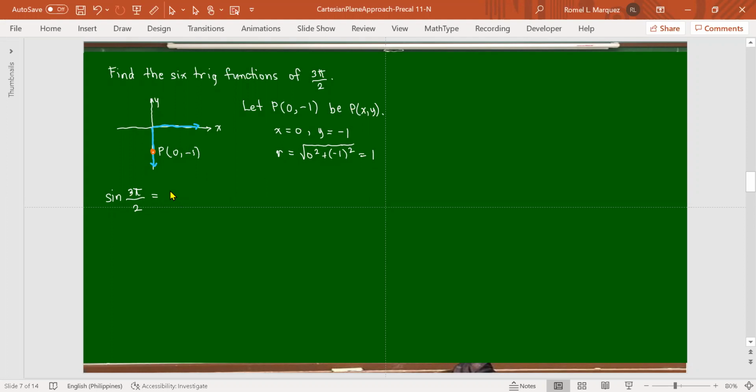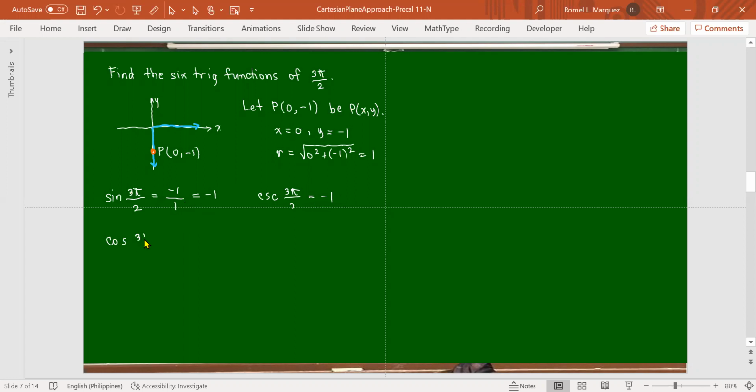So that is y over r, -1 over 1, which is -1. So we can now define immediately the secant or cosecant of 3 pi over 2. That is 1 over -1, also -1, because it is just the reciprocal.